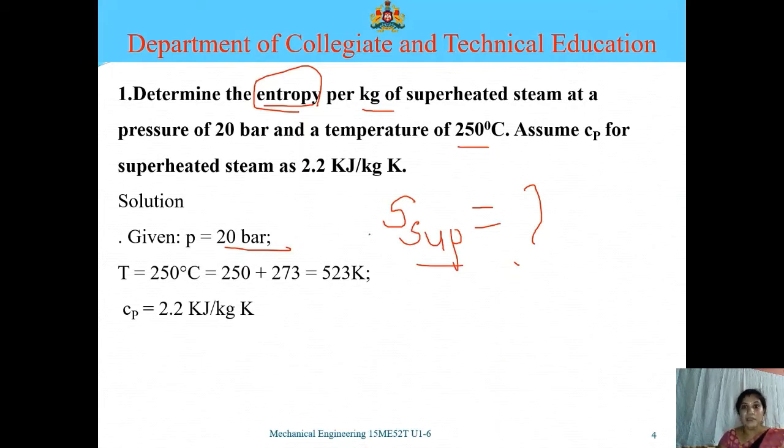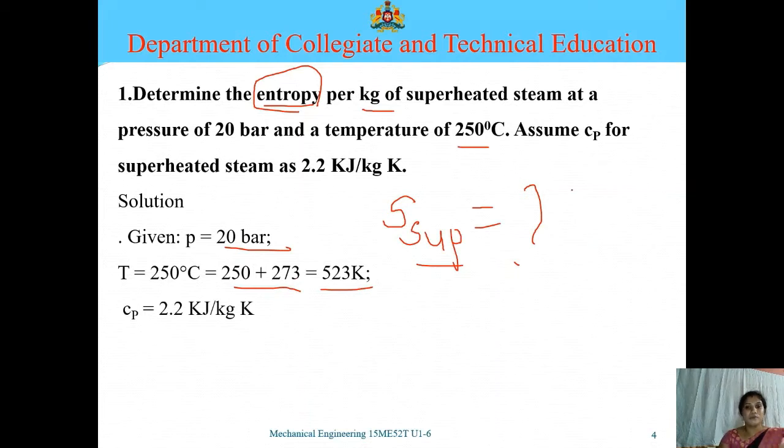That's the reason I am going to add, if I want to convert the Celsius scale into the Kelvin, then we are going to add 273 to the given value of Celsius temperature to convert that into the Kelvin scale. So the given temperature is 250. So for 250, I am going to add 273. So the answer we get is 523 Kelvin. This is the temperature.